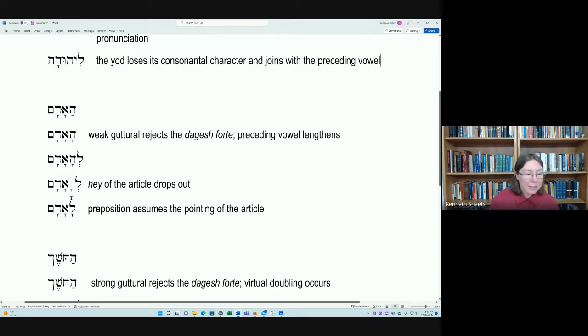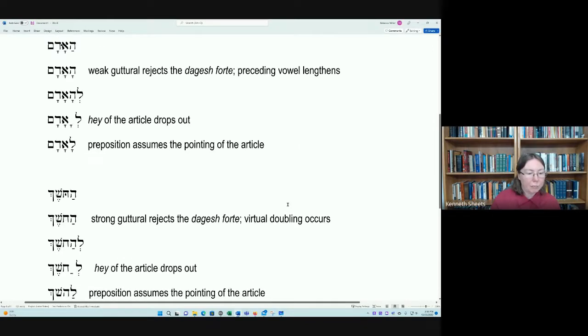But as you can see, we have the vowel of the article standing alone. That cannot occur in Hebrew. So what happens? The preposition assumes the pointing of the article, leaving us with the form la'adam. And so again, the preposition assumes the pointing.